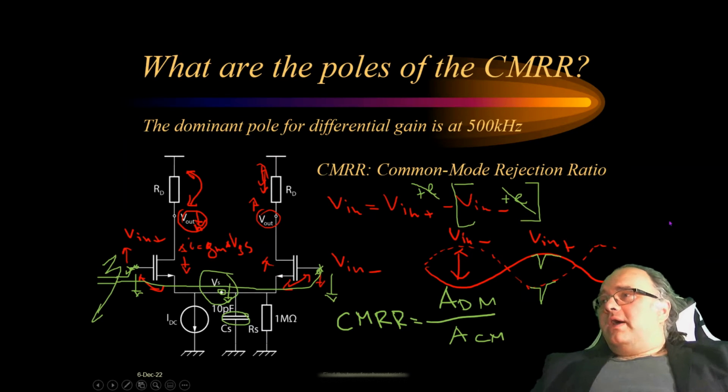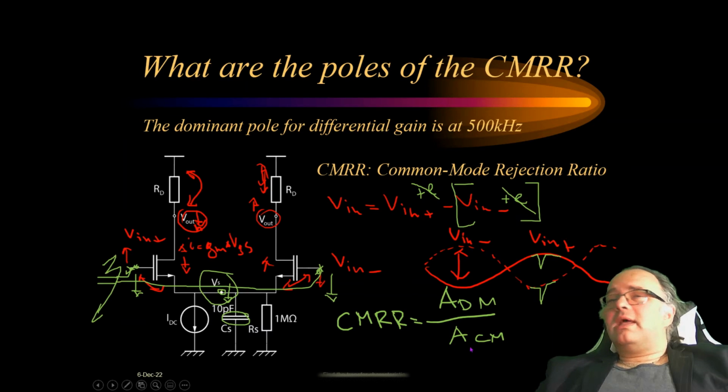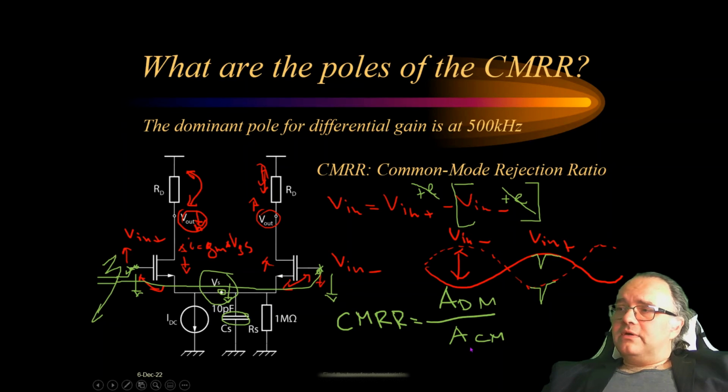We already have one pole for the differential mode gain, and we need to find the poles of the common mode rejection ratio, so we have to analyze the frequency behavior of the common mode gain. We have a feeling of what will happen as the frequency goes higher: as this disturbance becomes higher and higher frequency, the impedance that we have at this node will basically decrease.